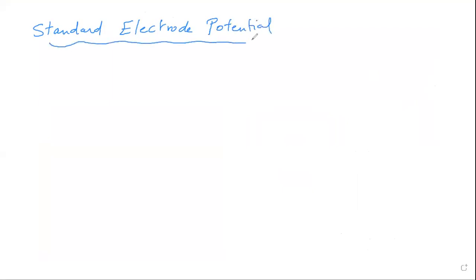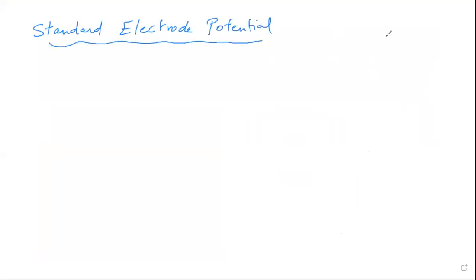We started in this chapter to find out how we can find what we call the standard electrode potential, isn't it? Now, what do we mean by the electrode potential?